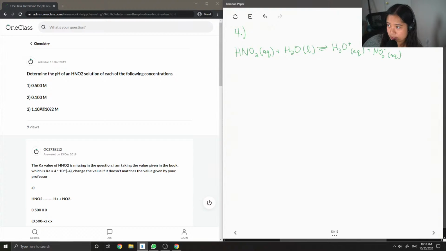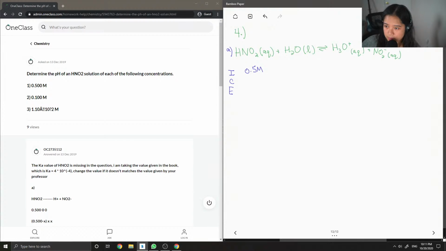So now let's write out our ICE table. The initial concentration for A is 0.5 molar.